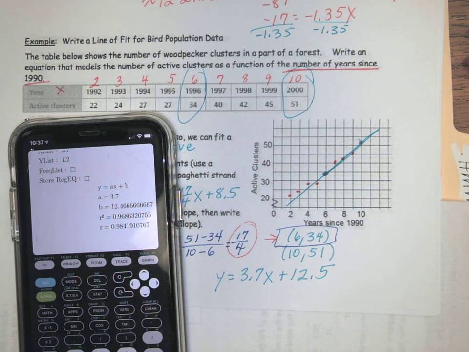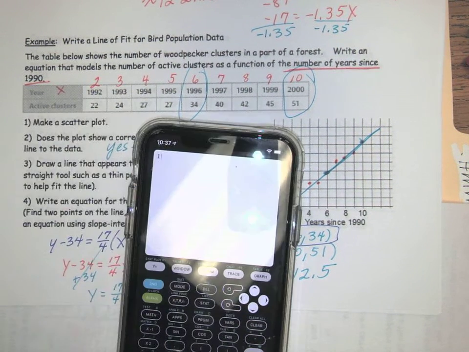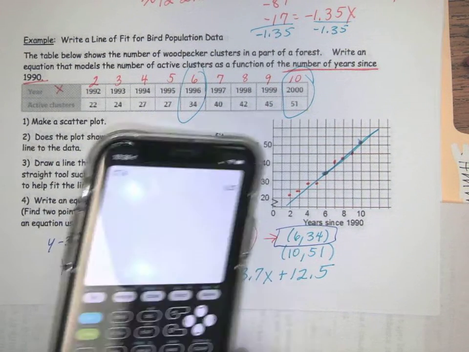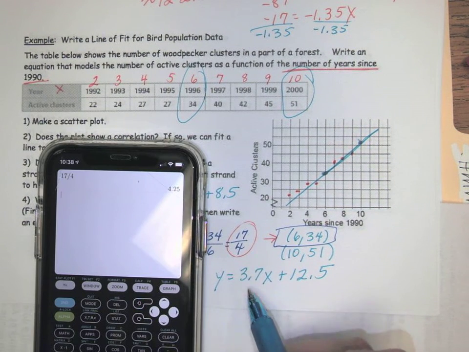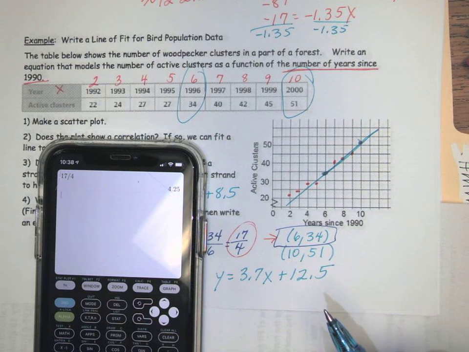I may not have used the 2 best points. I may not have drawn my line great. So maybe that's the difference. So let's go see what 17 over 4 is as a decimal. So 17 divided by 4 is 4.25. I got pretty close on my slope, so I got fairly close.